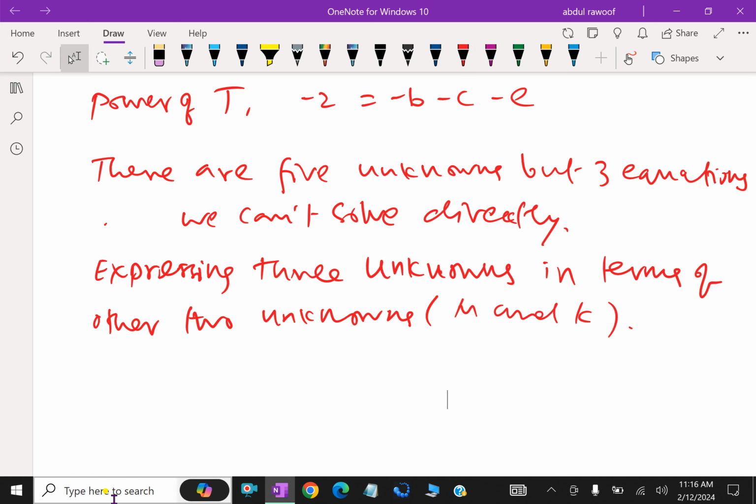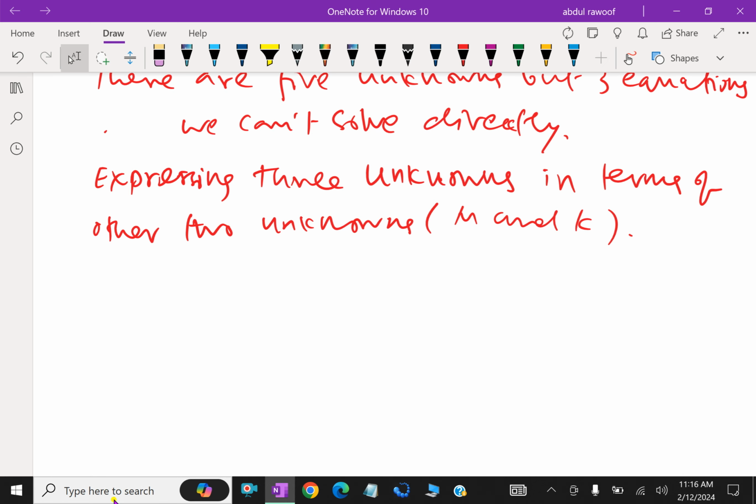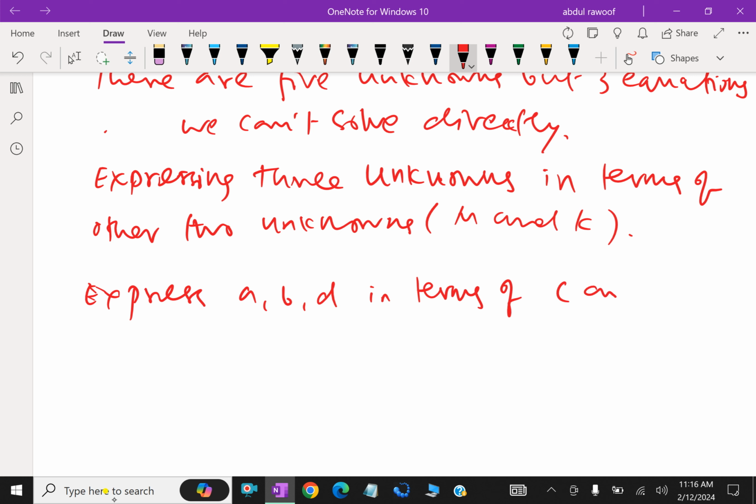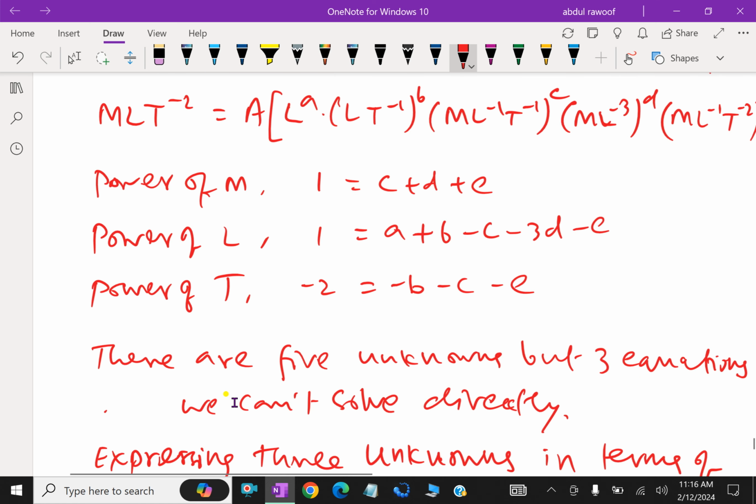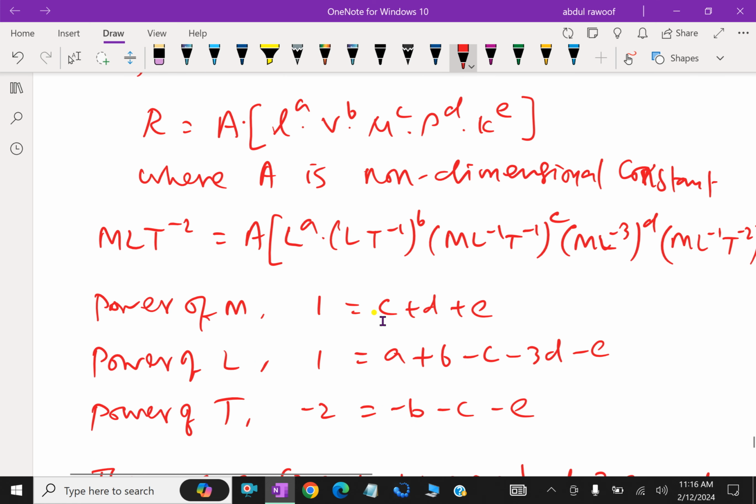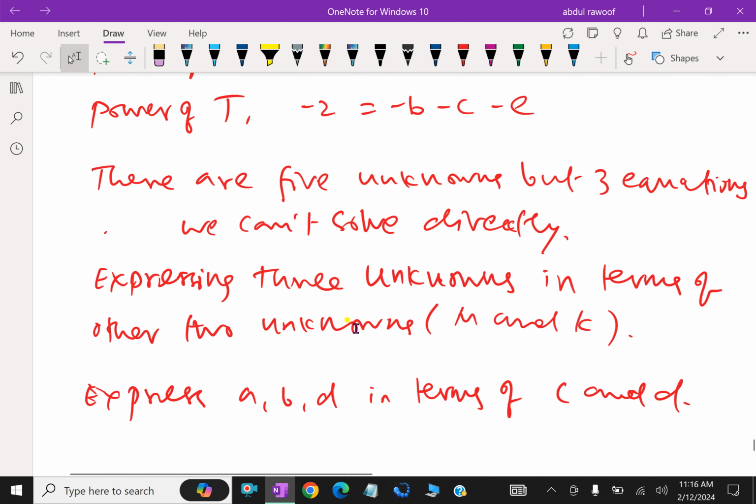Therefore, express a, b and d in terms of c and e.